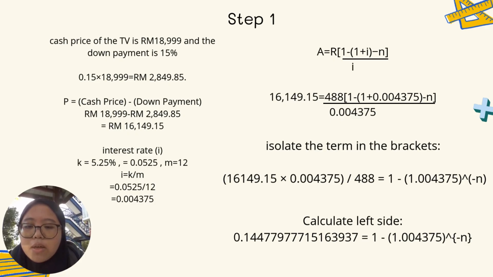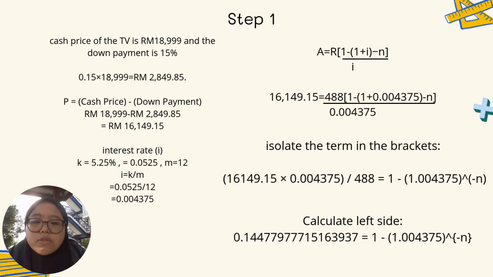To get i, k divided by m, 0.0525 divided by 12, and the answer is 0.004375. So the formula that we will use is A equals R [(1 minus (1 plus i) to the power of negative n) divided by i].